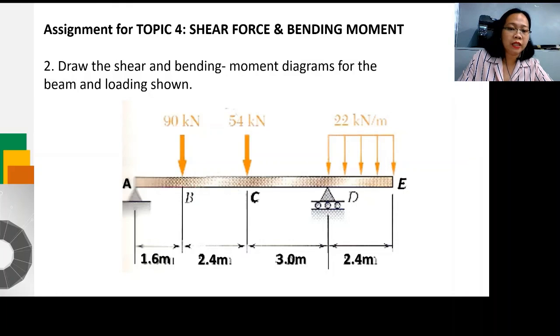And this is 90 kilonewton. Concentrated load applied at B. Concentrated load applied at C is 54 kilonewton, and a uniform distributed loading of 22 kilonewton per meter.